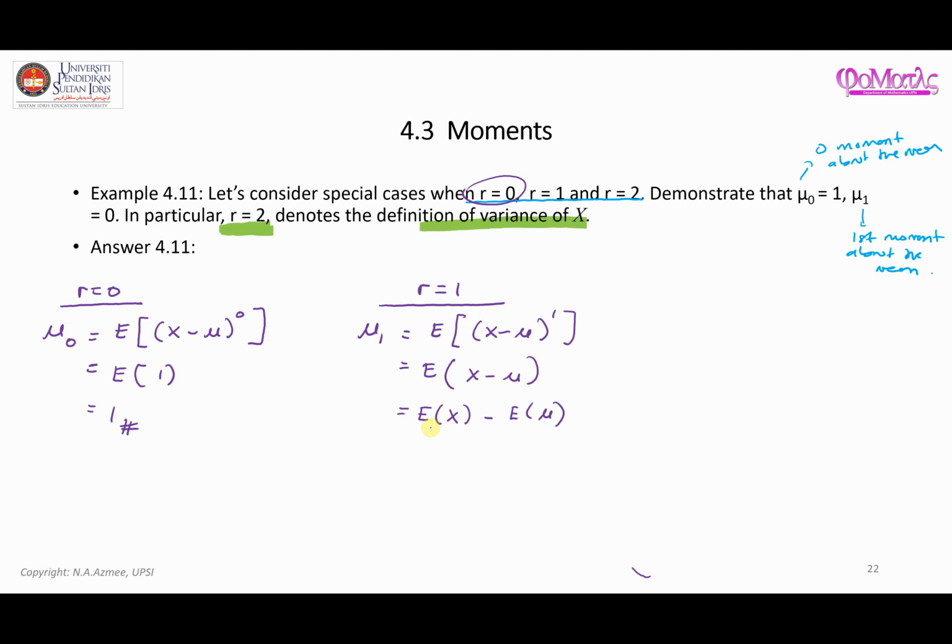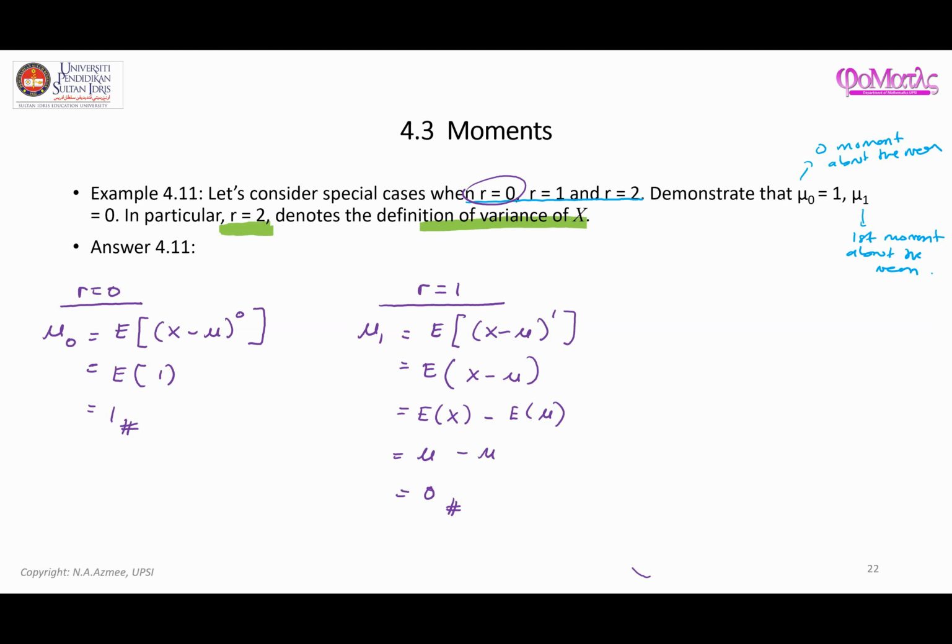And we know from the previous slide, E of x is actually the average of the random variable x. So the average is denoted as mu. So this is mu of x, or we can just say mu, because right now we only have one random variable, so we don't need to specify the subscript at the bottom there. And mu here is also a constant, so when you have the expected value of a constant, it's going to be the constant itself. So we get mu minus mu, so the answer is going to be equal to 0.